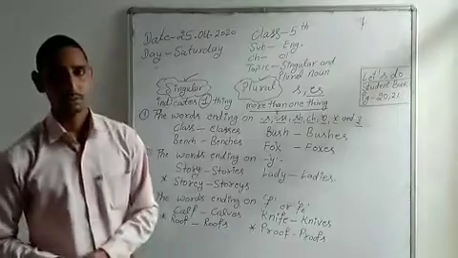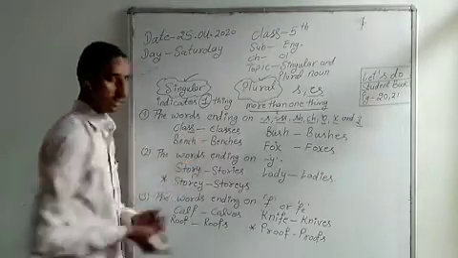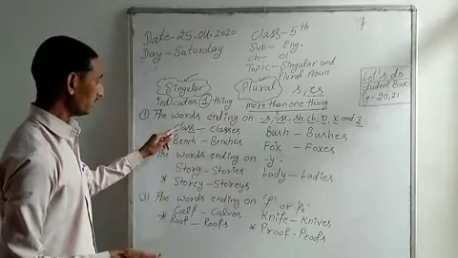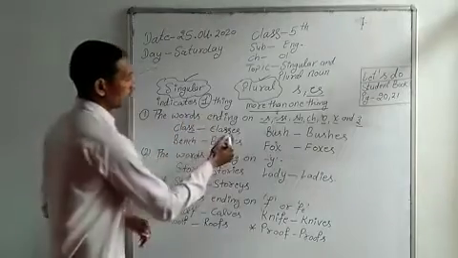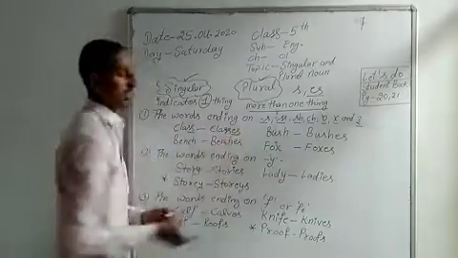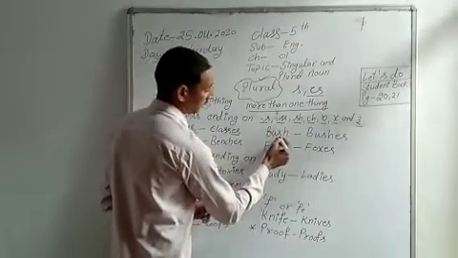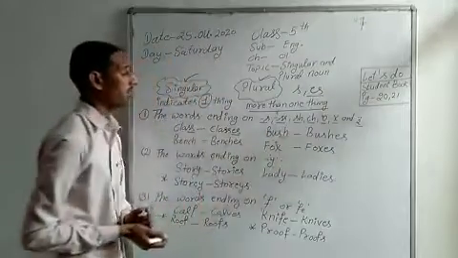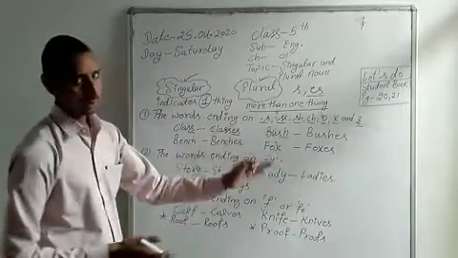Let's see some examples. Like class, there are double s in the end. It is a singular word. Now when we change it into plural word, we will add es in the end of it. Bush word has sh in the end. Then we will change this into plural.